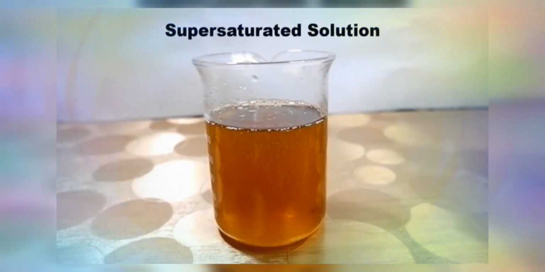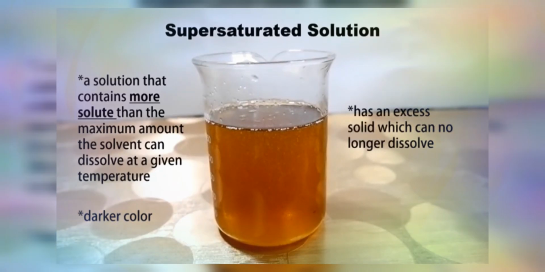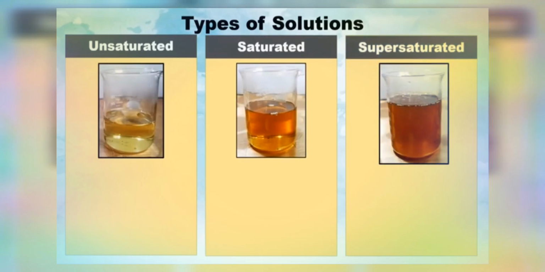A supersaturated solution is a solution that contains more solute than the maximum amount the solvent can dissolve at a given temperature. Its color is darker than unsaturated and saturated solutions. It has excess solute or sugar which can no longer dissolve. Let us sum up. The three types of solutions are unsaturated, saturated, and supersaturated solutions.